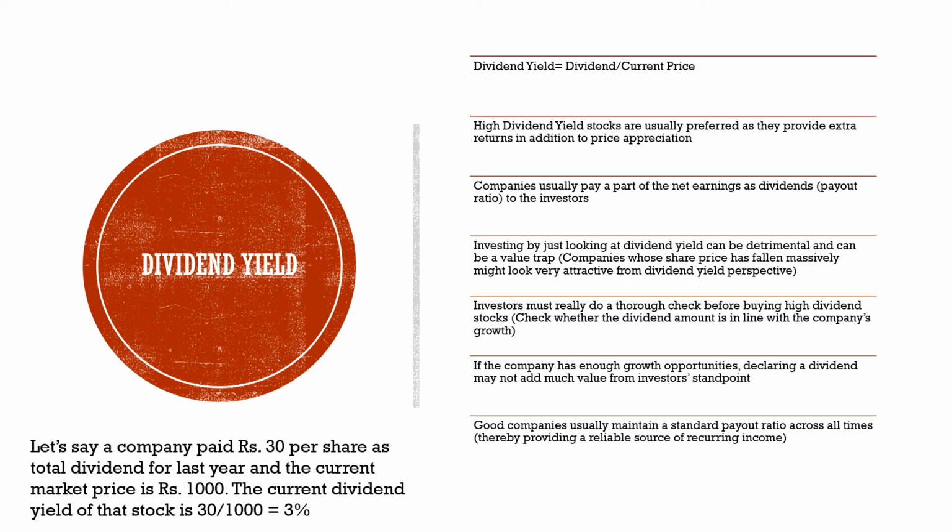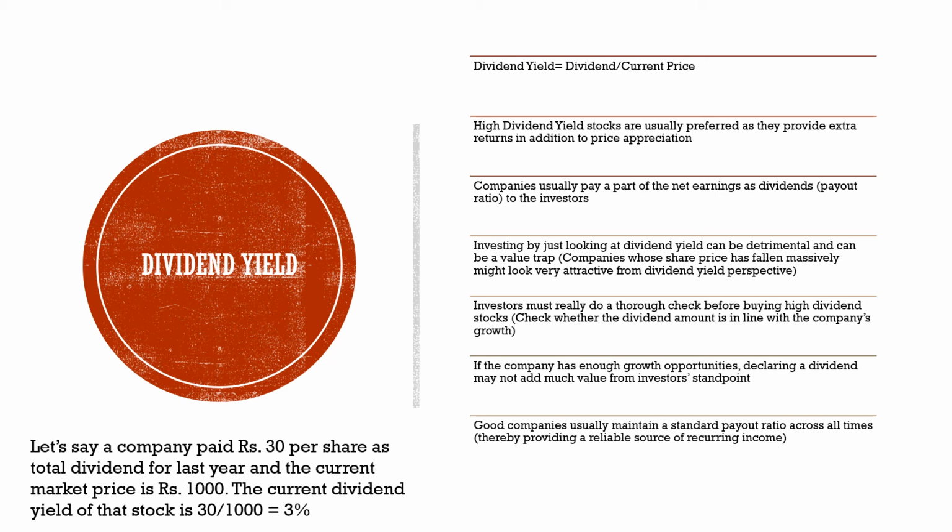Point number four is that investing by just looking at dividend yield can be detrimental, and it can again be a value trap. Just like a lower P/E, if you see that a stock has a higher dividend yield, it does not necessarily mean that it is a good value buy, because let's focus on how the formula is calculated. Dividend yield is the dividend given by a company divided by the current market price.